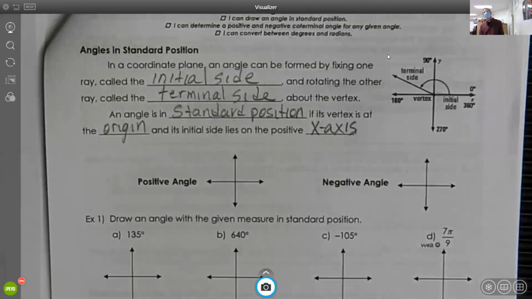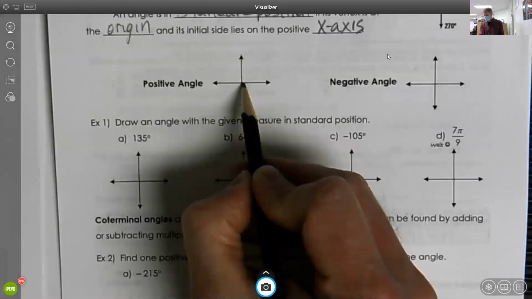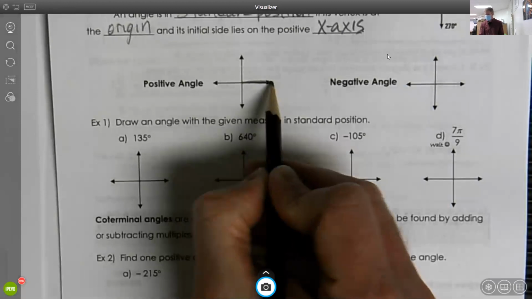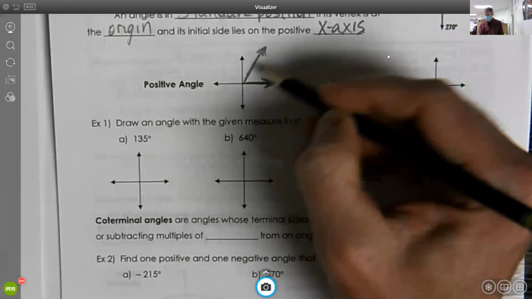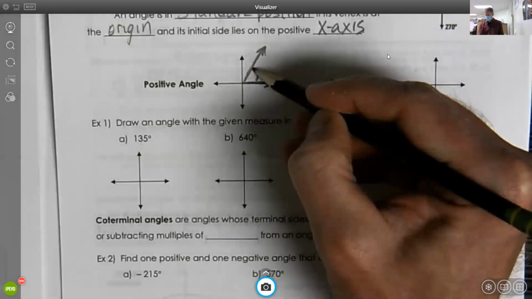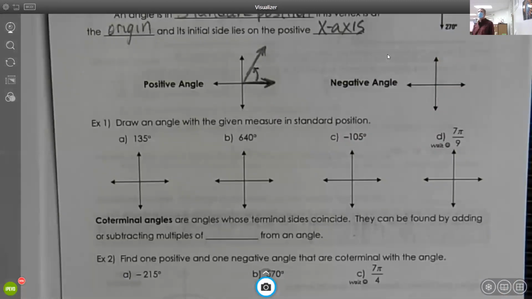So if we're going to have an initial side on the x-axis, a positive angle will be heading upwards. That will give you a positive measurement. So that would perhaps be close to 60 degrees there, going up in a positive.